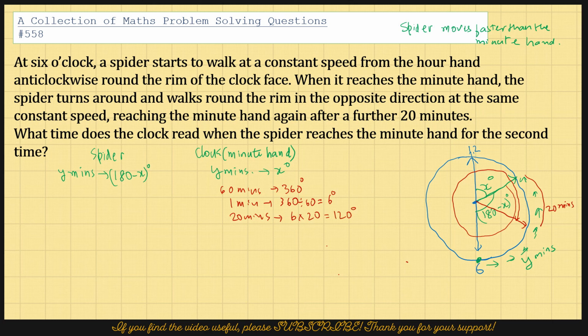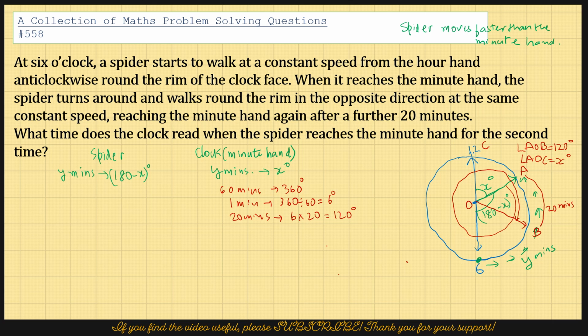So this angle would be 120 degrees. If I name it O, A and B, angle AOB would be 120 degrees. And if I name it C, angle AOC equals x degrees.